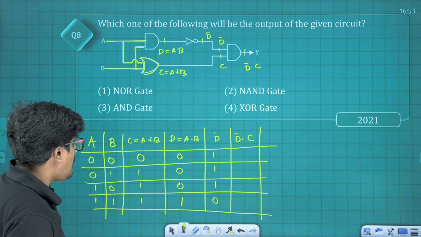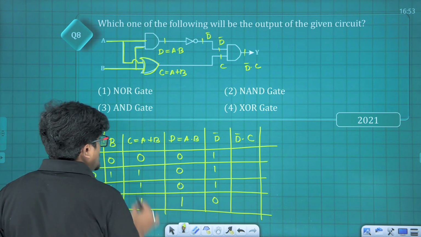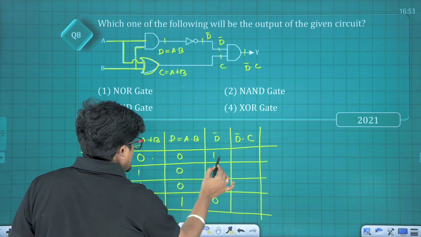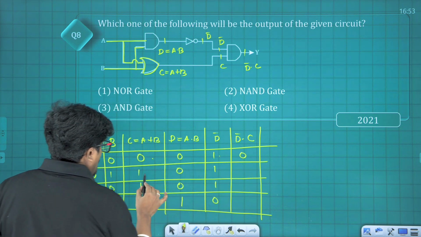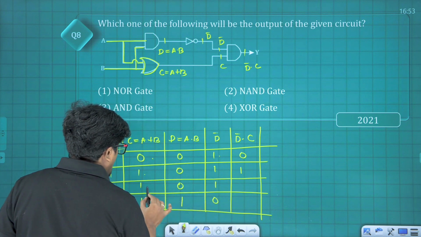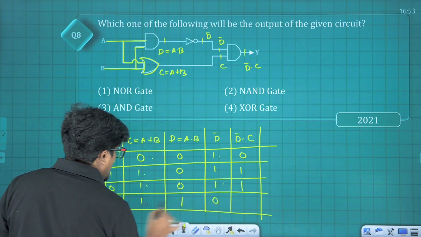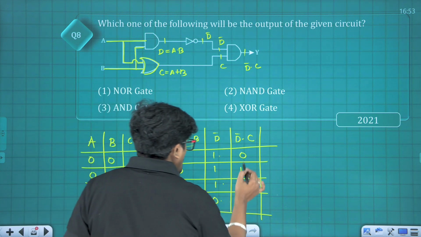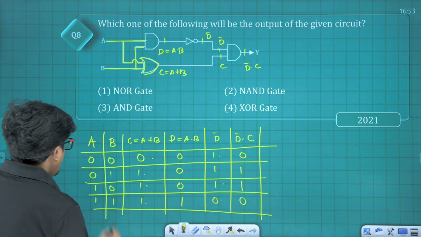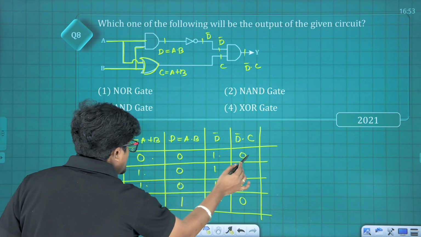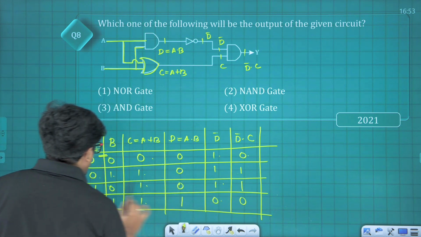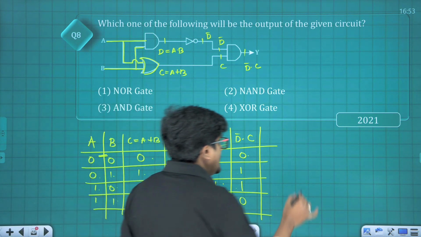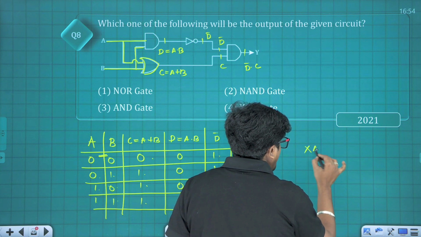Alright, now the dot of D dash dot C. Here this is 0, 1, 1, 1, 1, 1, 1, 1, 0. Okay, so what we have is 0, 1, 1, 0. Here I would like to take your attention to the XOR gate.